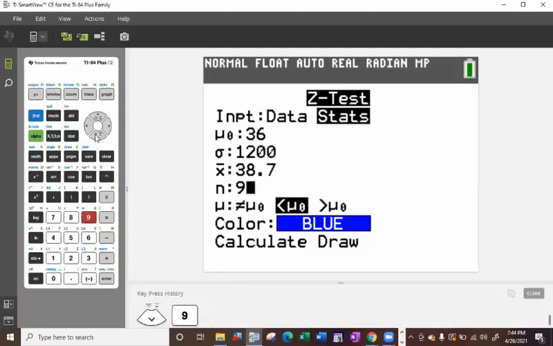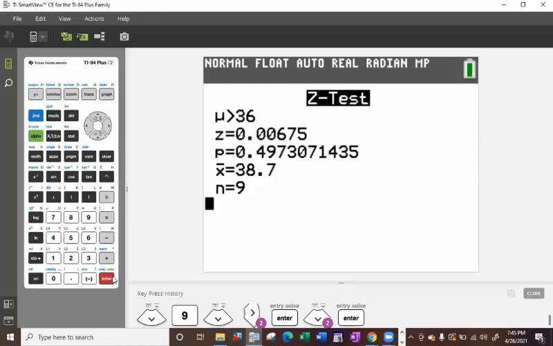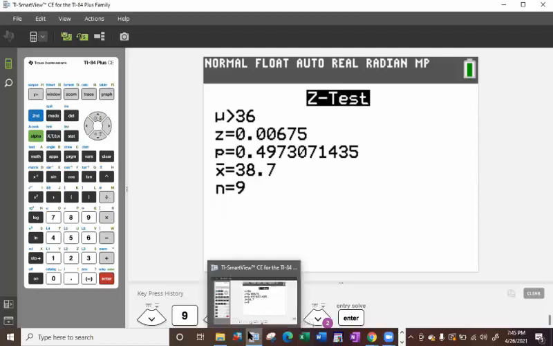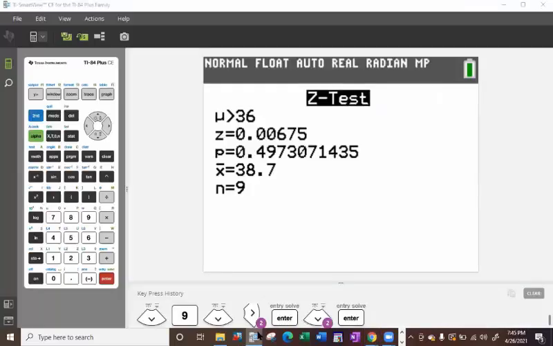And this was a right tail test. Remember, that's always based on the alternative, because less than or equal to pairs up with greater than. I always forget to check how many decimals at once. I guess 0.07.